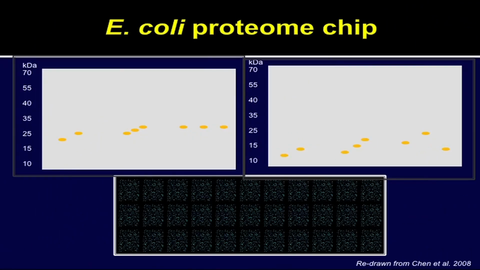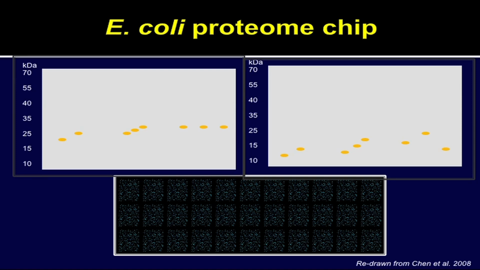But high throughput approaches require high quality control, and this is why quality and quantity of the purified proteins were determined by Coomassie staining and Western blot using anti-His antibody as shown in this slide.